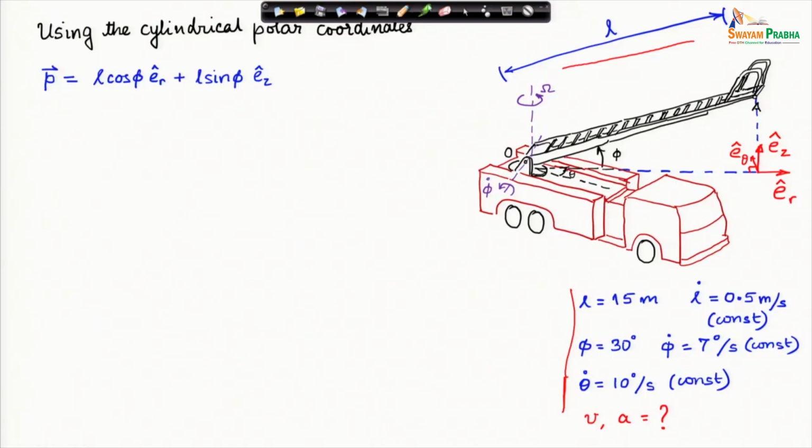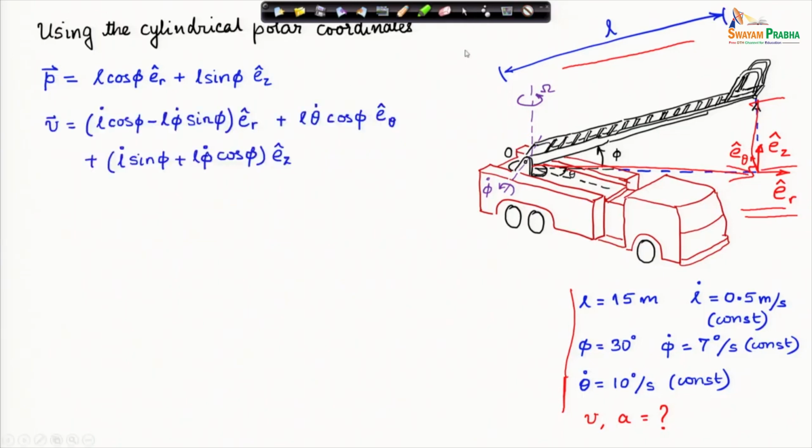Here I have shown the coordinate system. So, L cos phi, which is this projection, e_r, plus L sin phi e_z. So, L sin phi is this length, times e_z. So, that is the position vector.